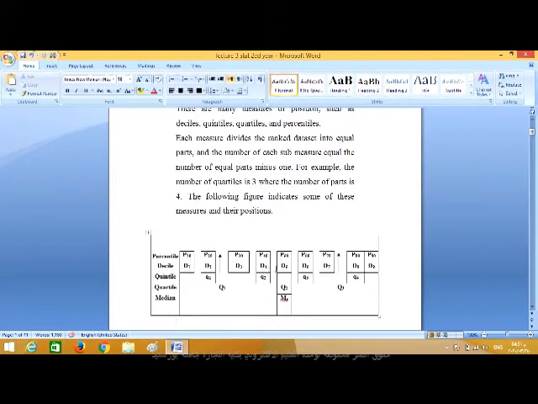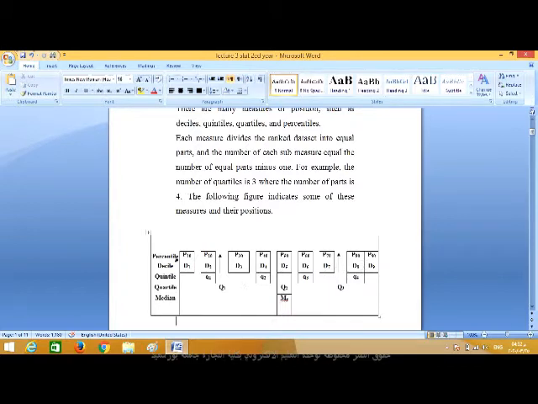Okay? D5, the fifth decile, looks like Q2 and also looks like the median. Okay, so 50% of the data set is smaller than D5 or the fifth decile, and also 50% of the data set is larger than D5 or the fifth decile, and so on.